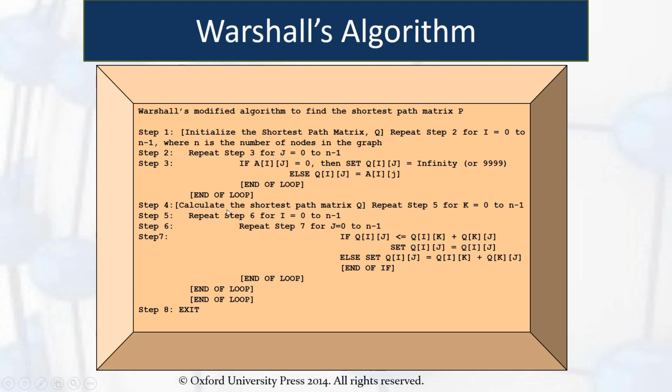See, step 4, what is it saying? Calculate the shortest path for the matrix and repeat step 5 for k from 0 to n minus 1, and repeat step 6 for 0 to n minus 1, repeat step 7. So what exactly is step 7? This is the major part of this particular algorithm. Every time, it is finding out two paths. One is the direct path: if there is a direct edge from 1 to 2, it calculates the total cost.